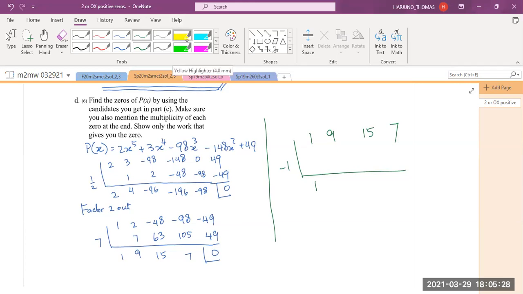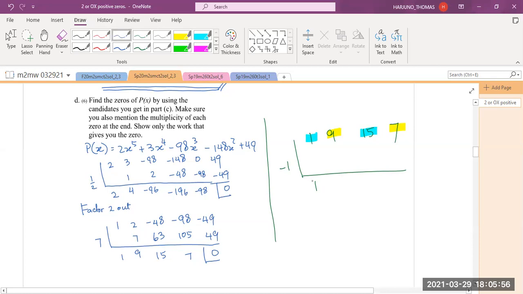If the sum of the alternating terms are equal, then -1 is a zero. That's something new, huh? If you add the coefficients and it equals 0, then 1 is a zero. If the sums of the alternating terms are equal, then -1 is a zero.